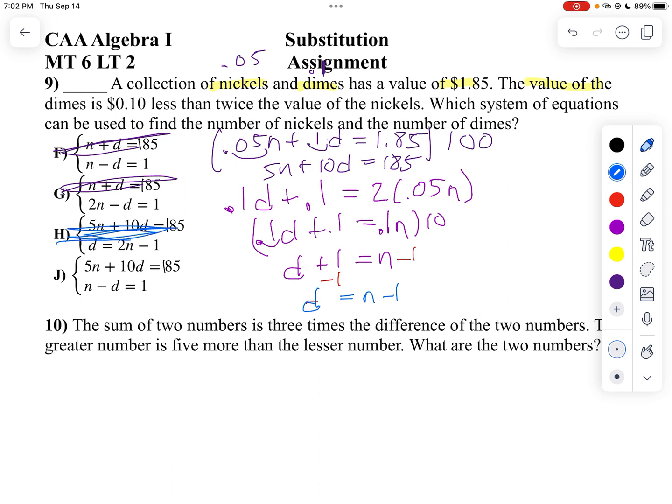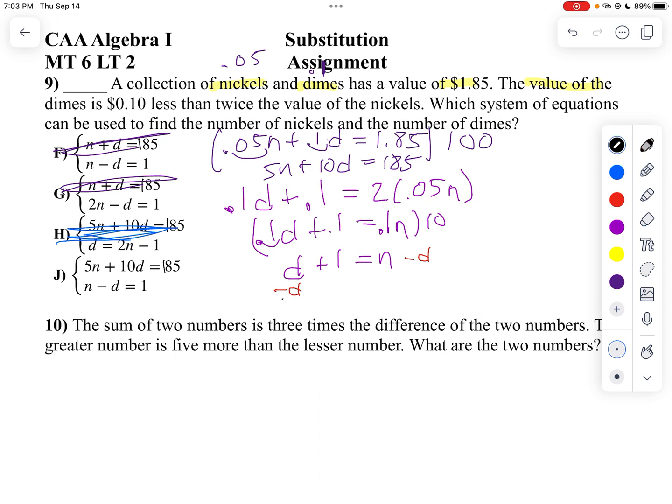Is j the same? Well, if I minus n from both, actually, I got a negative one here, don't I? So I want it to be 1. So let's go back. I'm going to erase what I just did. And I want to get the 1 by itself. So I'm going to minus d from both sides.